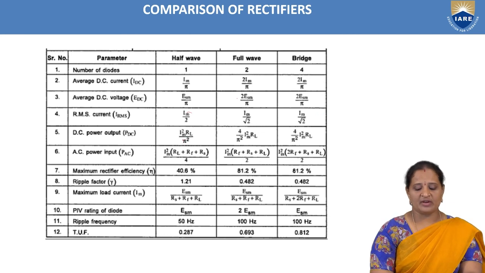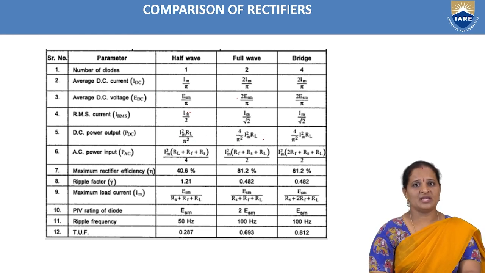And DC output power is Im square RL by pi square in case of half wave rectifier, 4 by pi square into Im square into RL in case of full wave rectifier, and bridge rectifier also the same thing.